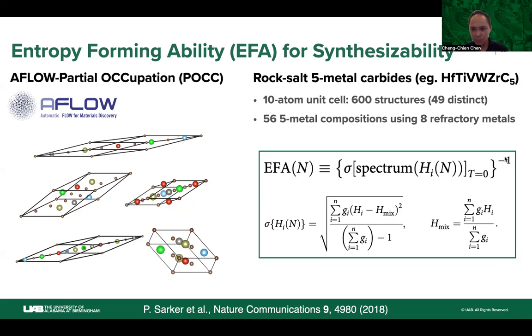Here G is the degeneracy number for each structure, and H_i is the corresponding formation enthalpy. Basically, the wider the distribution, the smaller the EFA value; the narrower the distribution, the higher the EFA value, and the more likely a single-phase solid solution can be formed.